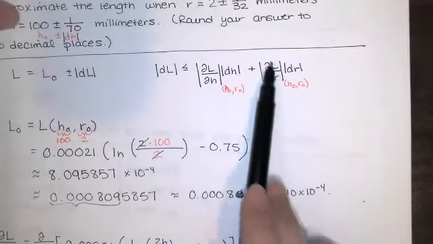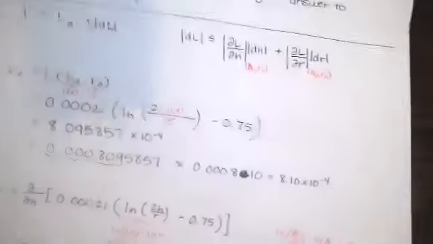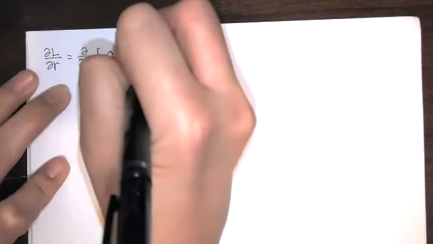We're going to do the same thing with respect to R now. And I'm still going to use that form of the function that we got after simplifying using our log properties.